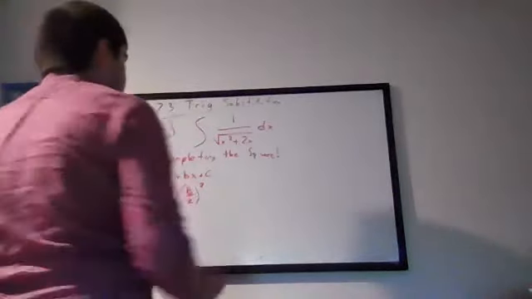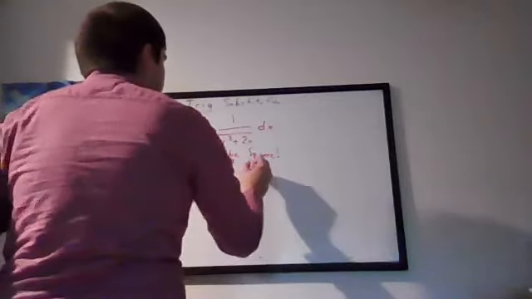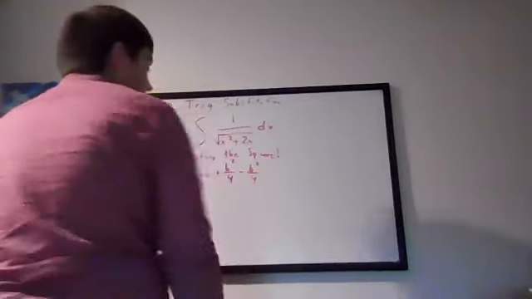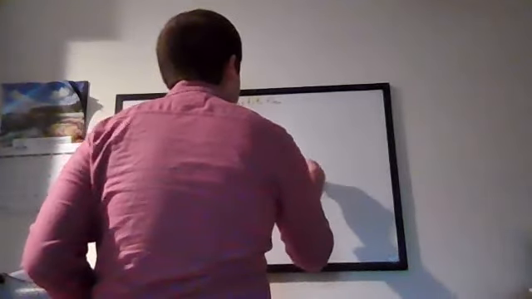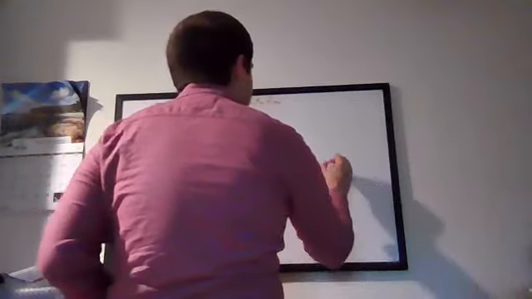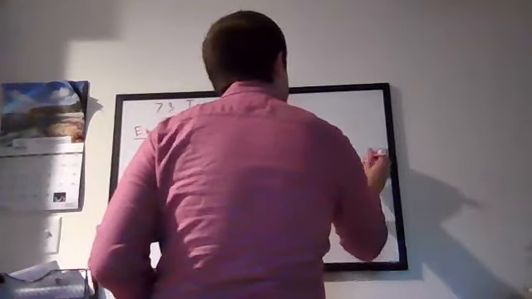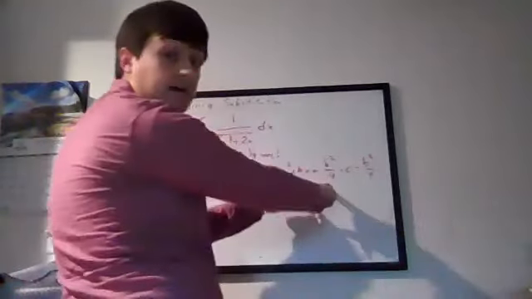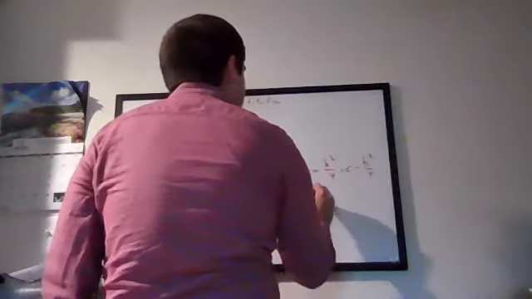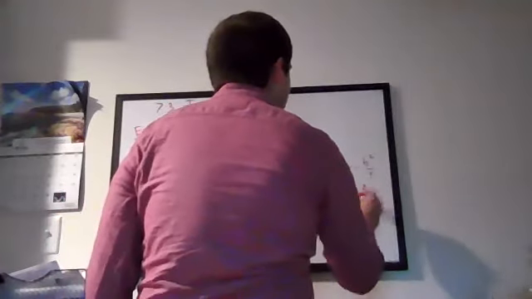And once I found that, I would add that term, which would be b squared over 4, and subtract it. Now, why is that? Well, because I would get x squared plus bx plus b squared over 4 plus c minus b squared over 4. But this is a perfect square, which would give me x plus b over 2 squared plus c minus b squared over 4.